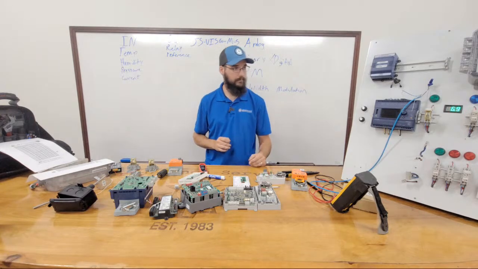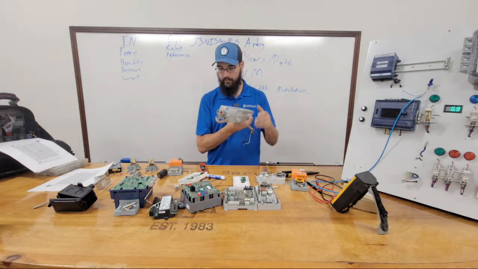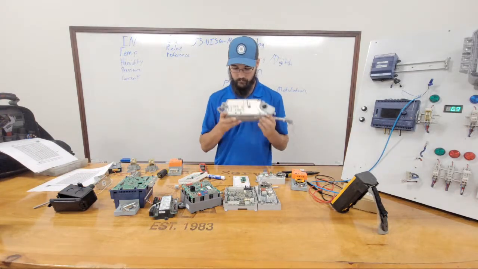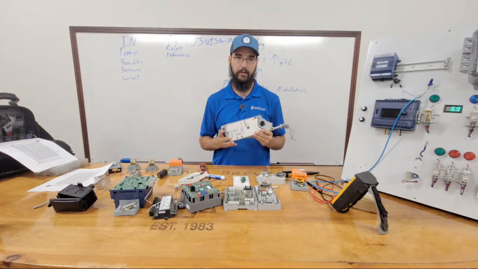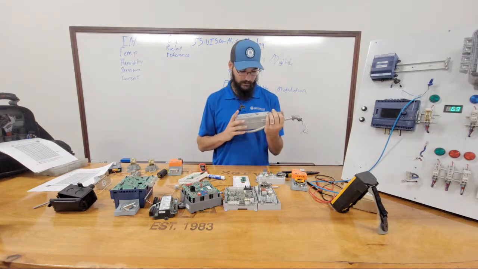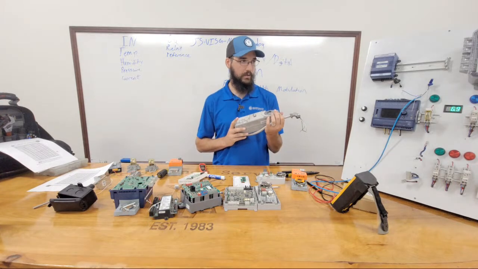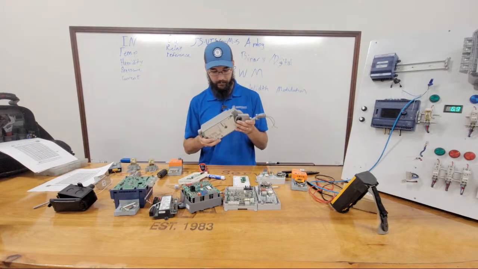Let's see here. For those who may not be familiar with them, this is a spring-loaded actuator. These are real common to see, honestly, in a lot of types of systems. Probably the most common on like fire dampers and things.